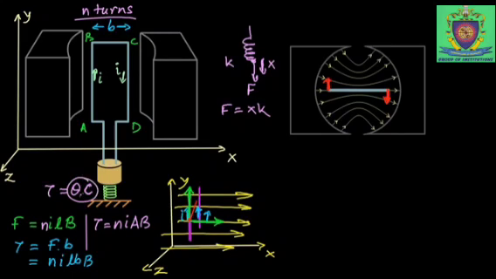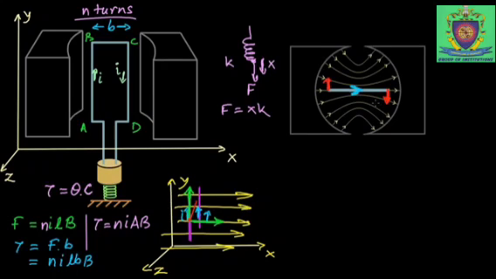The same thing I am writing here in the presence of torque, where C is the restoring torque per unit deflection, and theta is the deflection of the coil. So this is about the torque. Let us equate these two now. Here torque is equal to theta into C, just as F is equal to x into k.